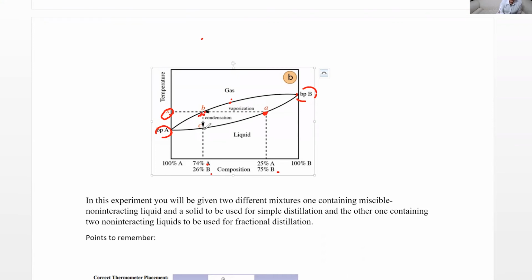And when it does condense, it's going to condense at a lower temperature.